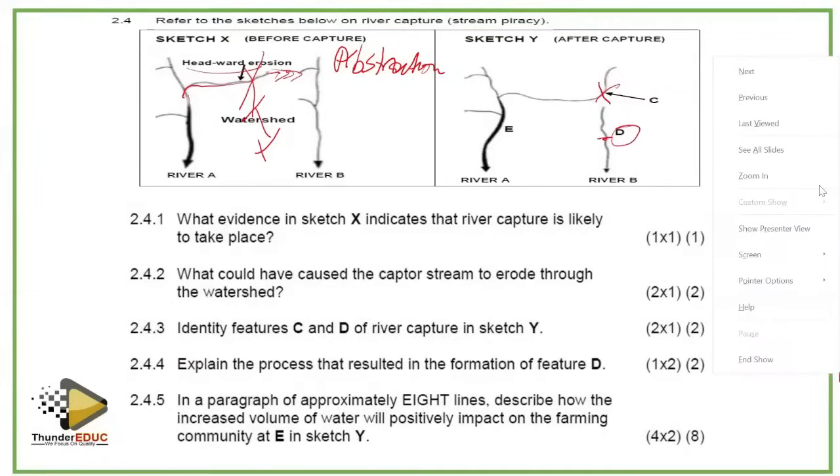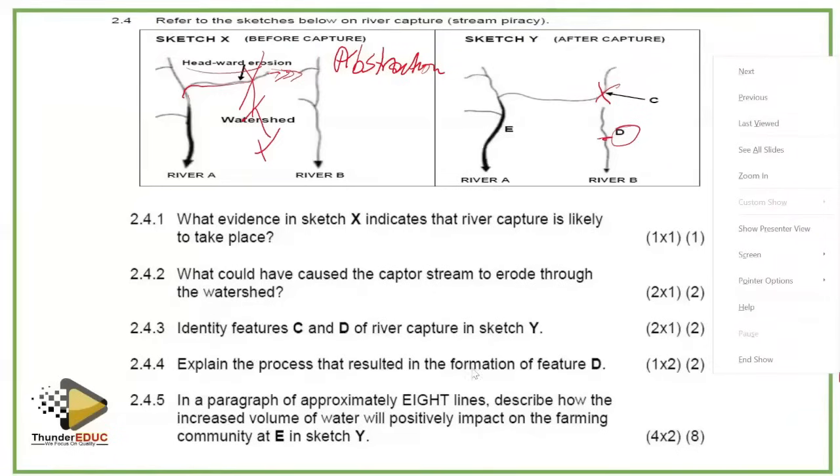Because it has less water, there's going to be more deposition and less erosion. You can also be asked to give the implications. And when you look at river E, what has happened to river E? River E has increased; you can see that it is thicker in color now compared to this one. So it means it has gained more water.